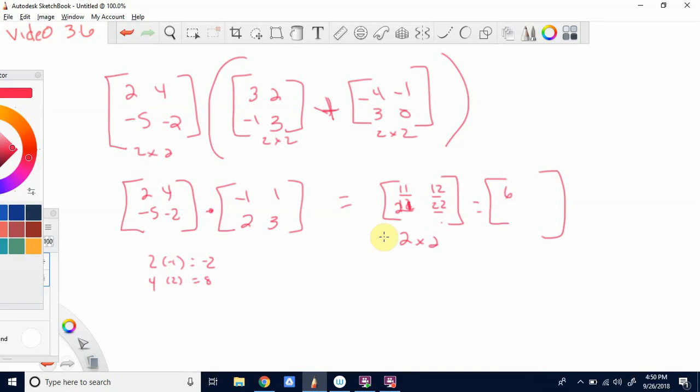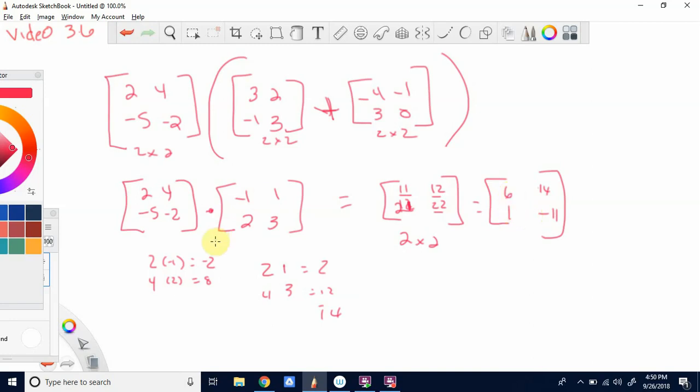We add them, we're going to get 6. And then we're going to do 2, 4 times column 2. It's 2 and 12. It's 14. So we're going to get 14 right here. And then we're going to do the next one. We're going to get 1, and then we're going to get negative 11. So this is J times K plus L.